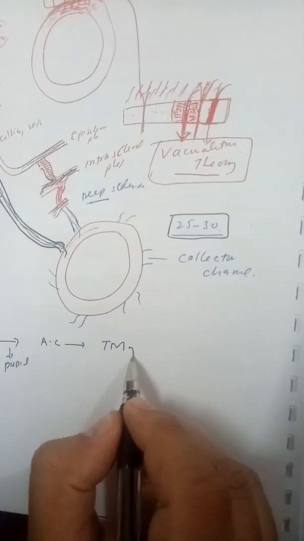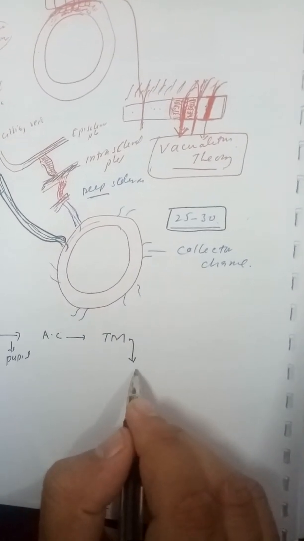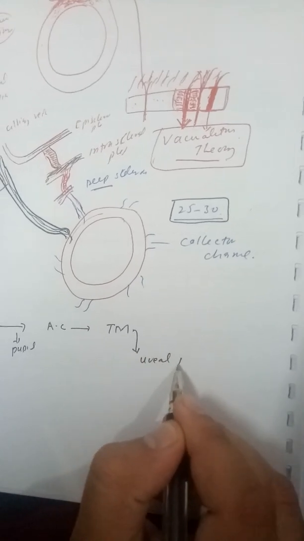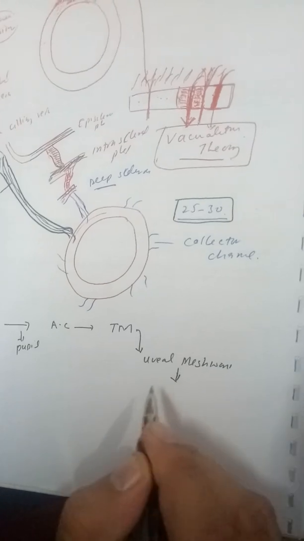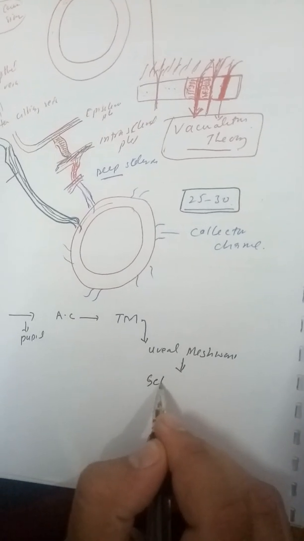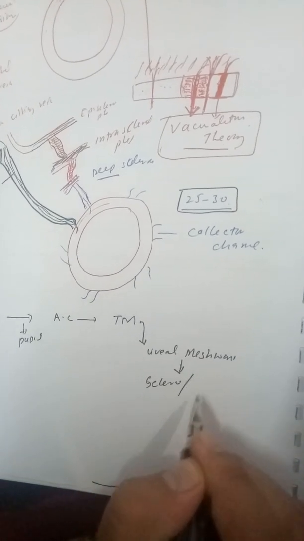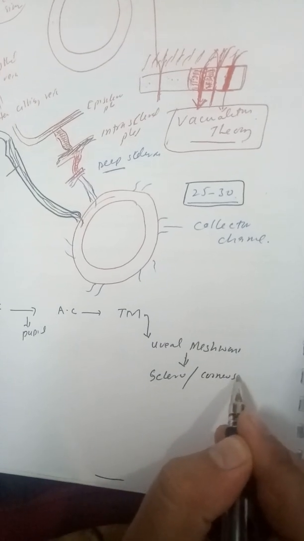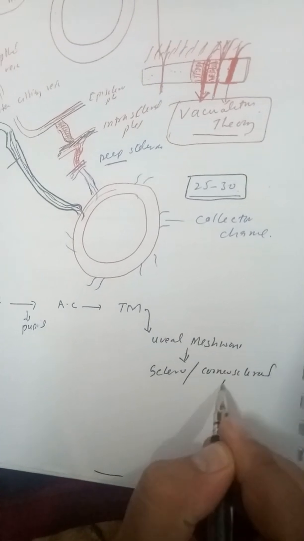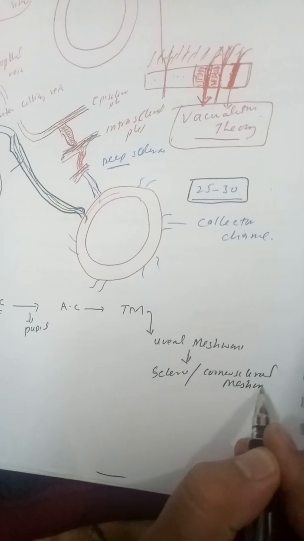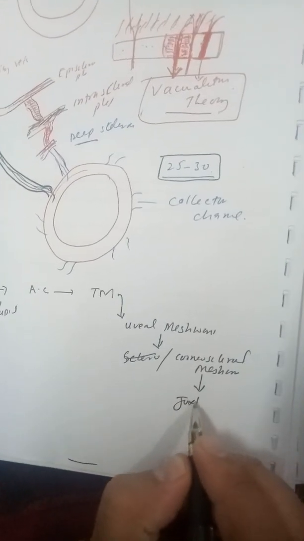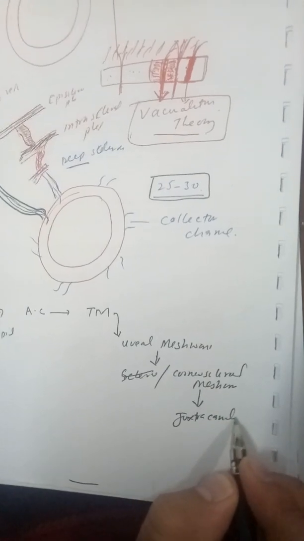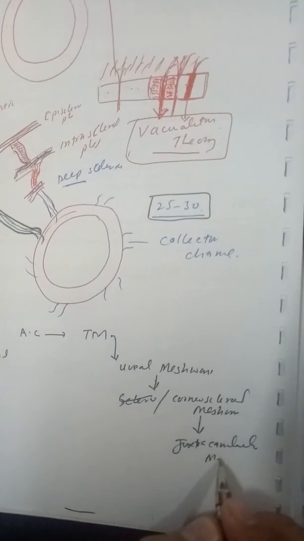But in the trabecular meshwork, first it comes in contact with the uveal meshwork, and from the uveal meshwork it goes to the corneoscleral meshwork, and from the corneoscleral meshwork then it goes to the juxtacanalicular meshwork.